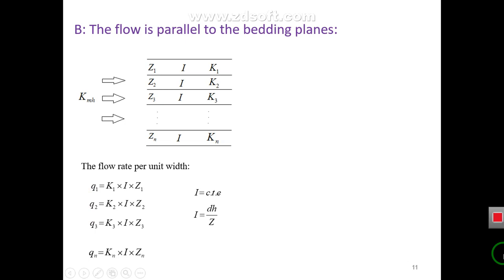For the first layer, Q1 is equal to K1 multiplied by I multiplied by Z1. For the second layer, Q2 is equal to K2 multiplied by I multiplied by Z2. And finally, for the nth layer, Qn is equal to Kn multiplied by I multiplied by Zn.